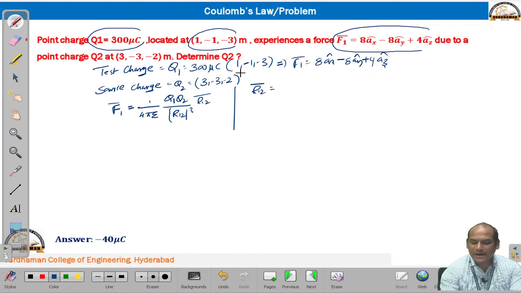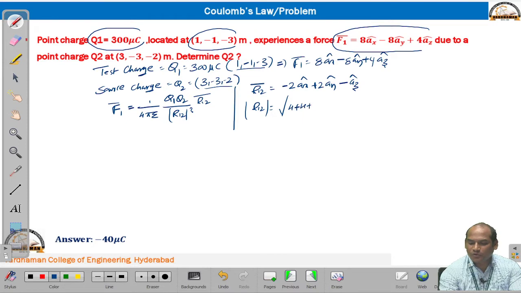Observation point is (1, -1, -3) and source point is (3, -3, -2). So, 1 minus 3 is minus 2 ax cap, minus 1 minus of minus 3 is plus 2 ay cap, minus 3 minus of minus 2 means minus az cap. What is the magnitude of R12? It is equal to square root of 4 plus 4 plus 1, that is root 9, that is 3.